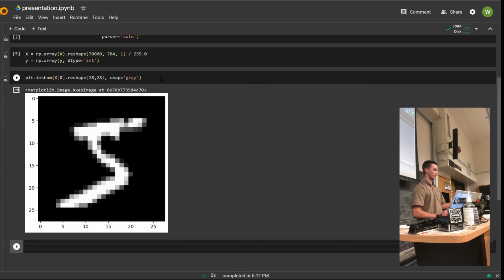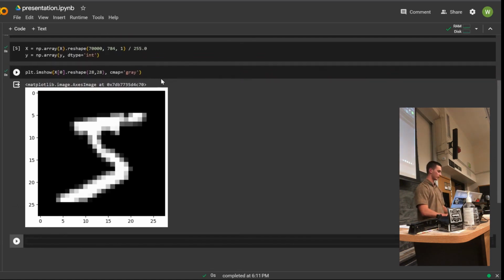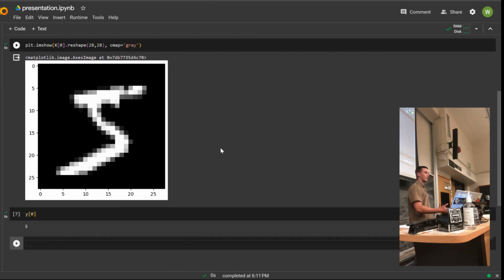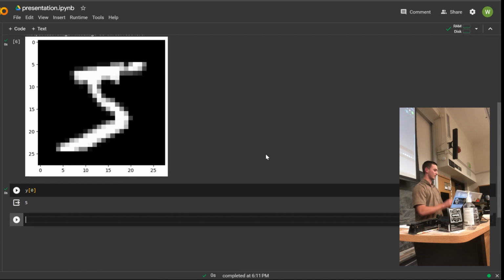Yeah, and remember we transformed these into 784 dimension vectors, so I just reshaped it there. And remember, the first instance of Y was 5, so that makes sense. I think you've all got some pretty good neural networks in your brains, and we can classify that as a 5.